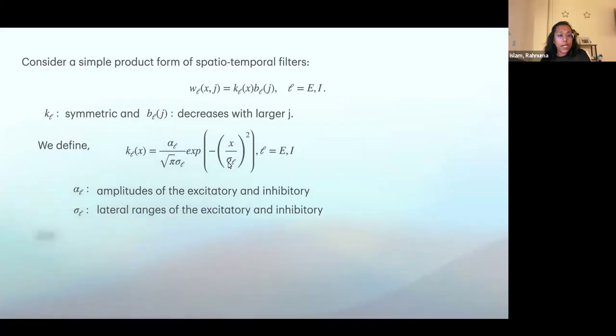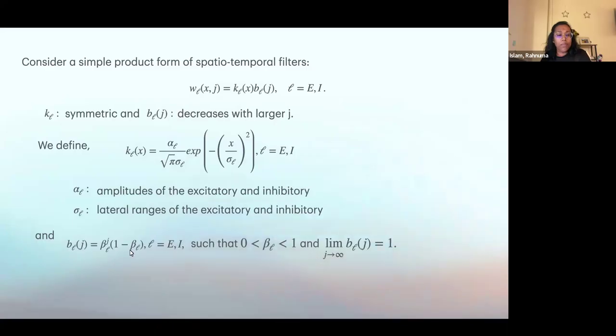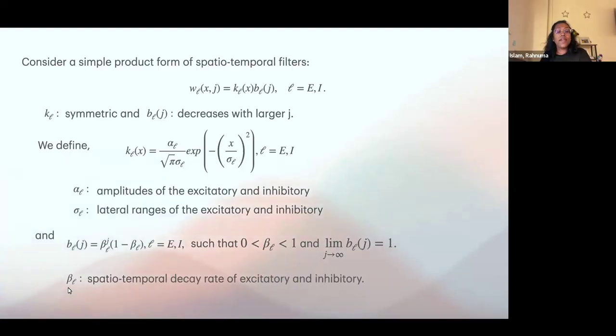And then we defined the temporal kernel by this function, beta to the power j times 1 minus beta, separately for excitatory and inhibitory. Beta has to be less than 1, so that it decreases with larger j, and it also satisfies this condition. Here, beta is the decay rate of the excitatory neuron and inhibitory neuron.